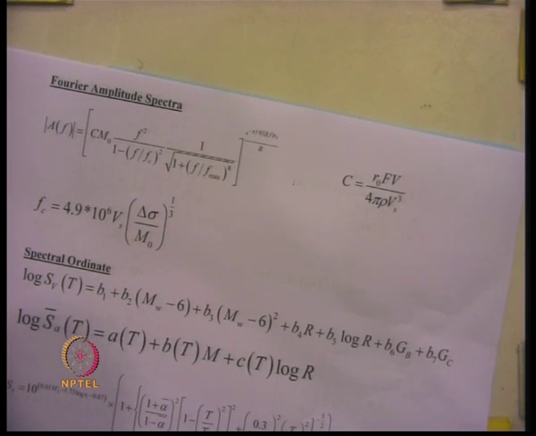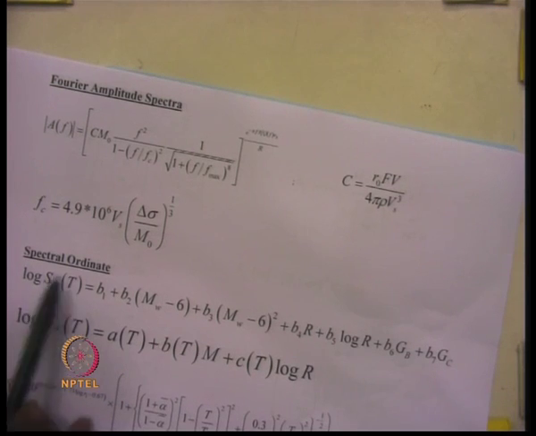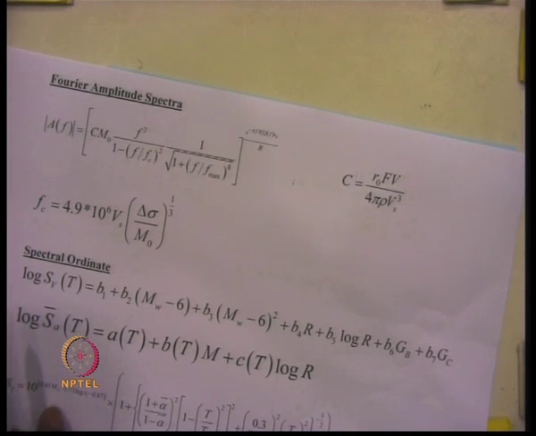These constants again vary from region to region, and by substituting appropriate values of these constants for a particular region, one can get an estimate of the SV, that is the pseudo velocity spectrum ordinates at different time period T.